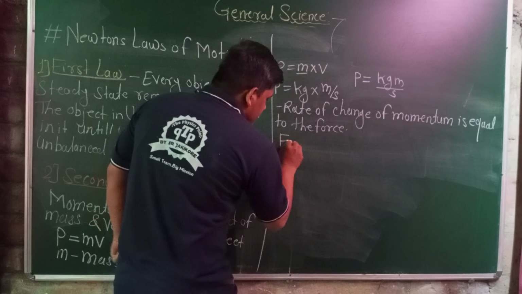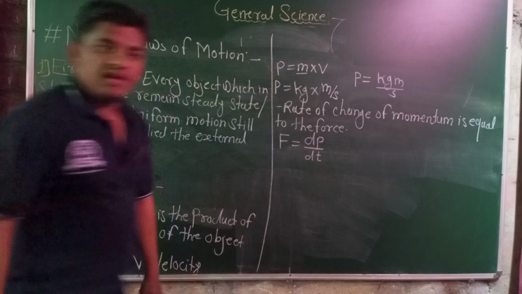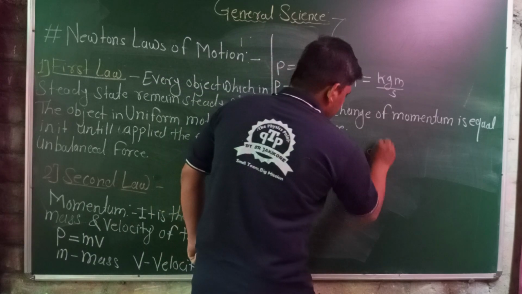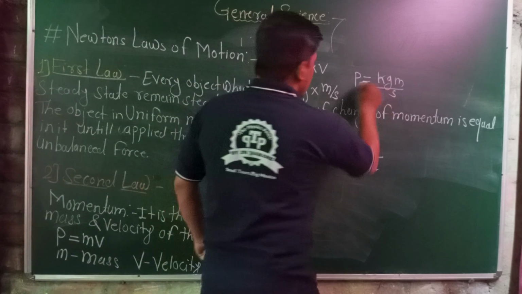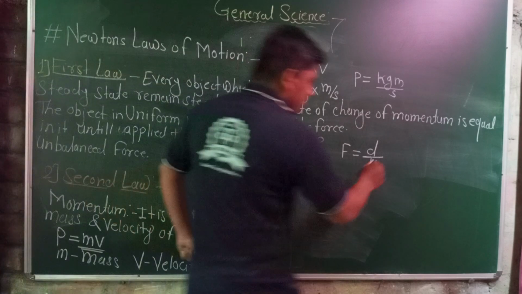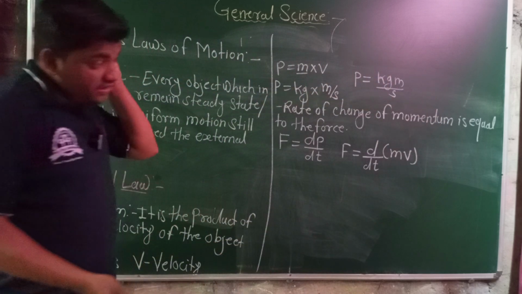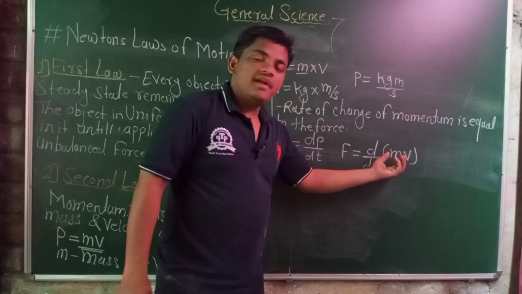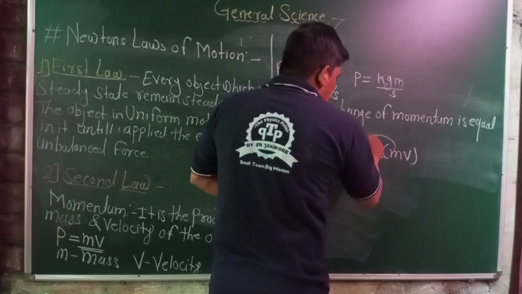Then F must be equal to dp by dt, the derivative of momentum with respect to time. The value of p is m into v. Here m is constant, and the derivative of a constant is 0, so we take it common.